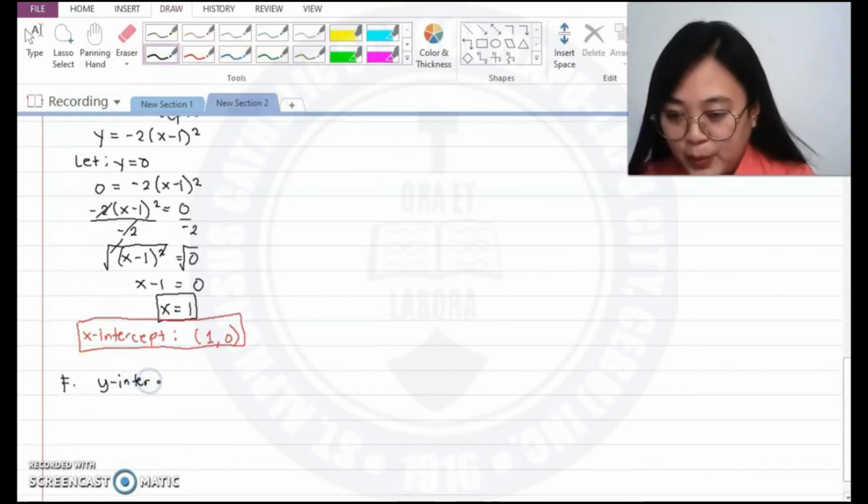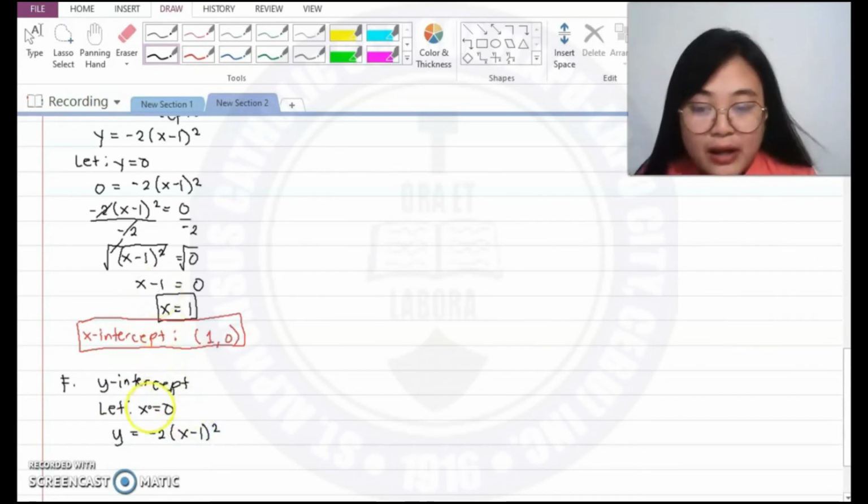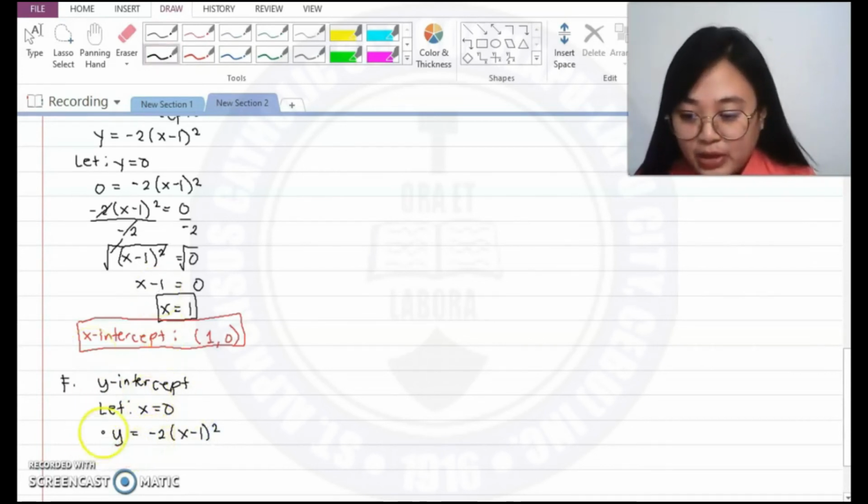Next, for the y-intercept. We already know that to get the y-intercept, we let x be equal to 0. So y equals -2(x - 1) squared. Change x to 0, so it becomes y equals -2(0 - 1) squared.